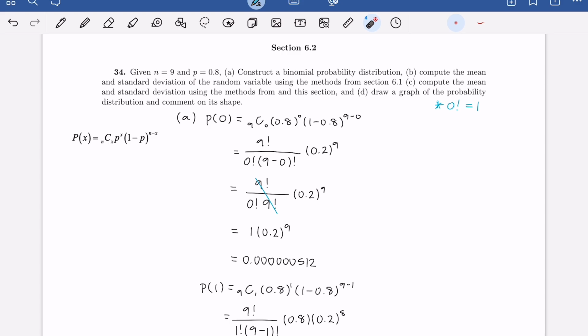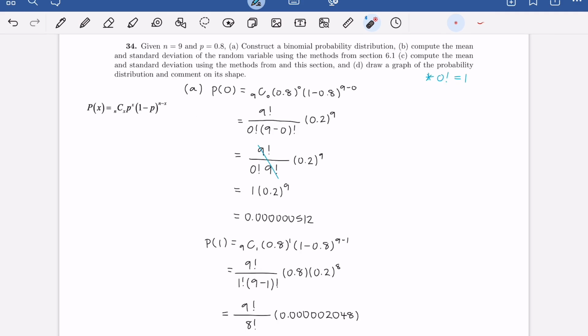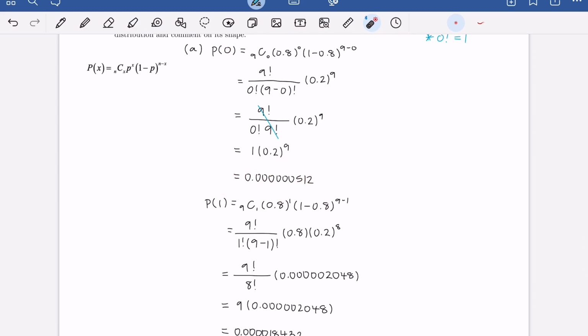In the interest of time, I'm going to do exactly what we saw for x equal to 0 for the rest of our possibilities of successes here, and then I'm going to put that into a table. The probability of having 0 successes, we're going to round to 0.